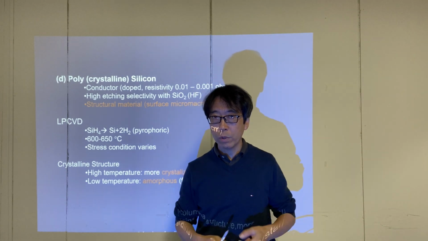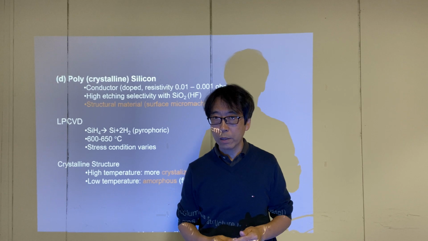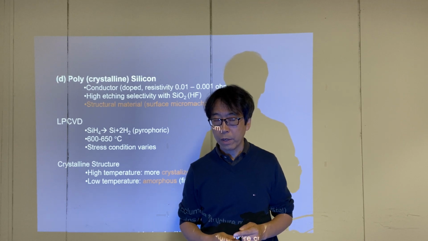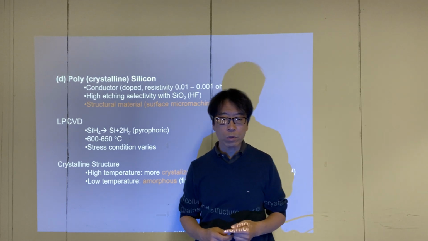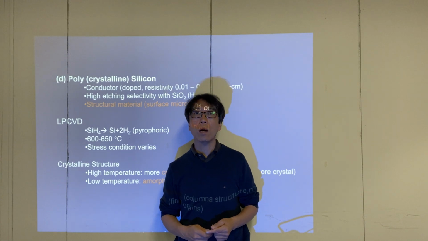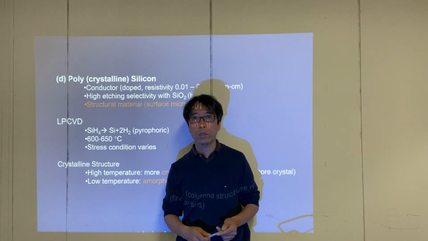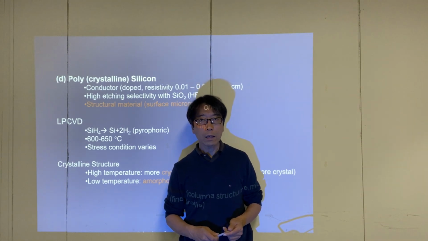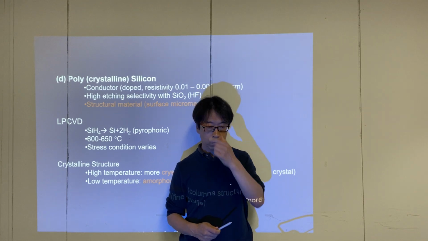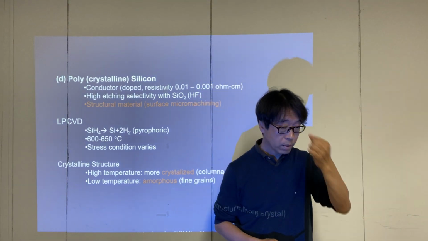They are all made with polycrystalline silicon. Did you know that? So it's a very interesting, important mechanical material, and we spend a lot of time studying and designing mechanical structures out of polycrystalline silicon.